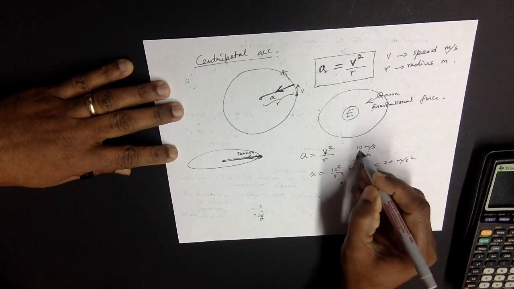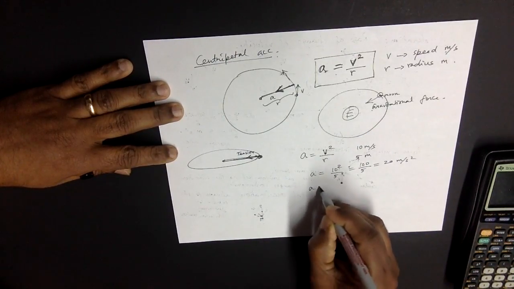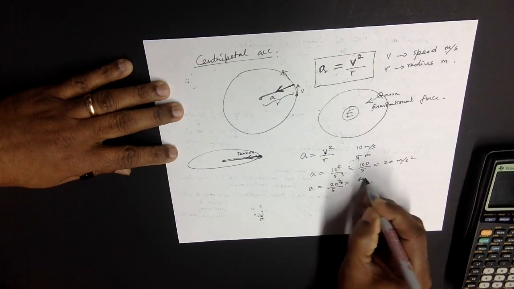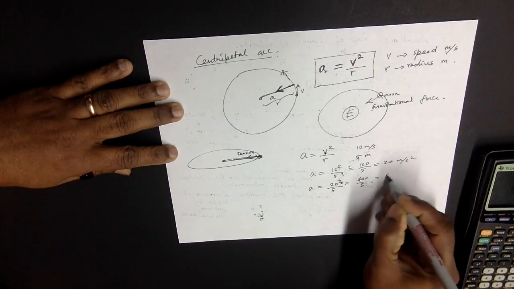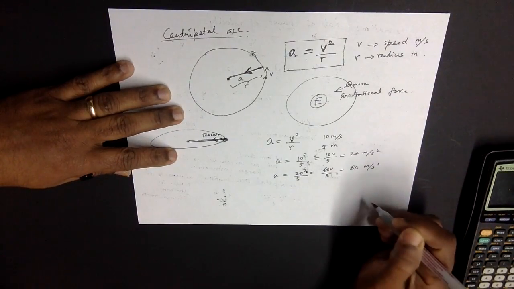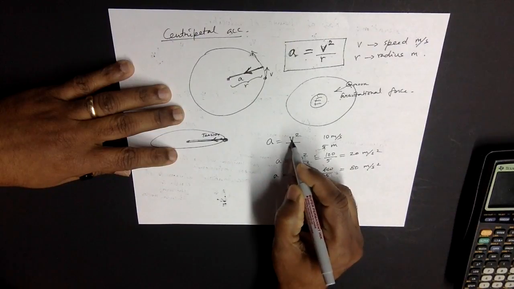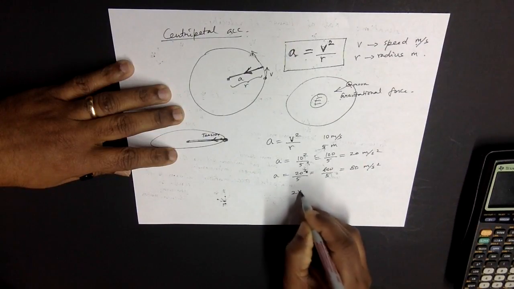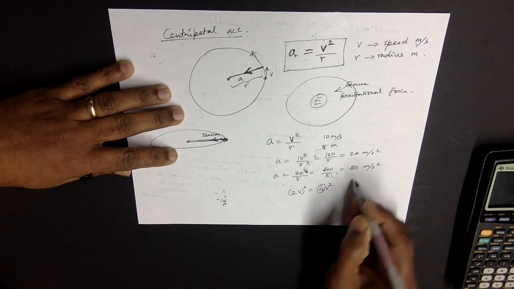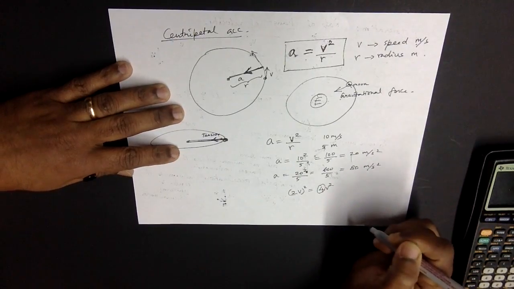Whereas if I double the speed, then acceleration will become 20 squared over 5, which is 400 over 5, which is going to be 80 meters per second squared. So you can see that it goes 4 times bigger because the velocity is doubled. So double velocity squared is actually 4v squared. So you can see the factor that's coming in is 4.